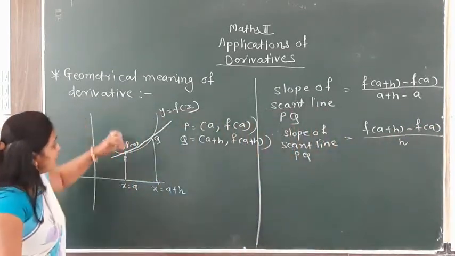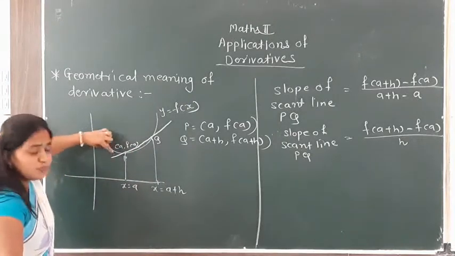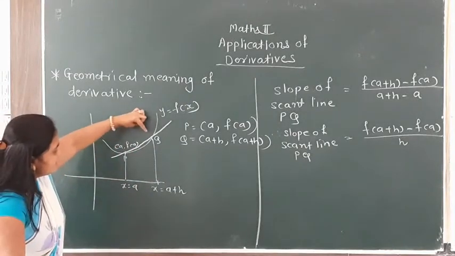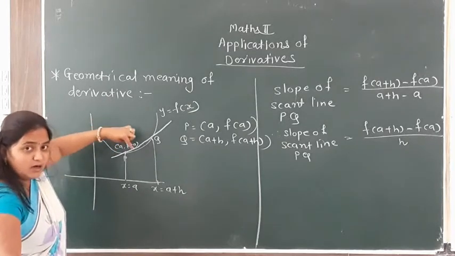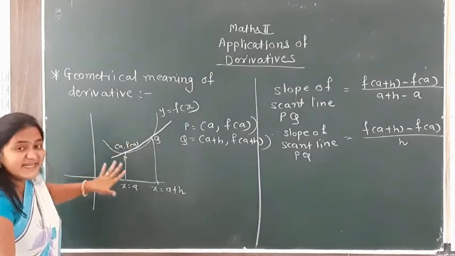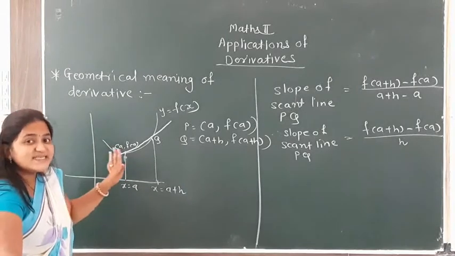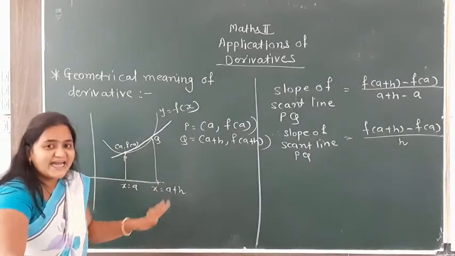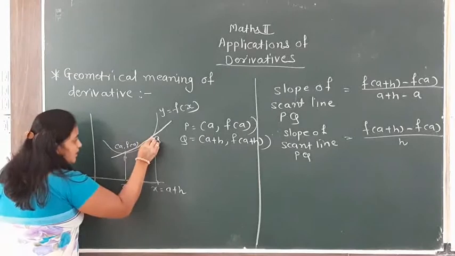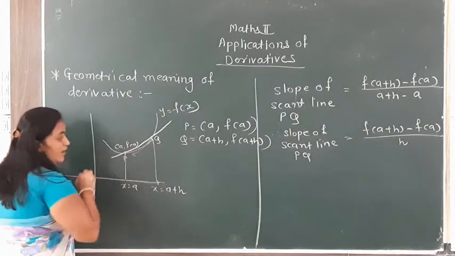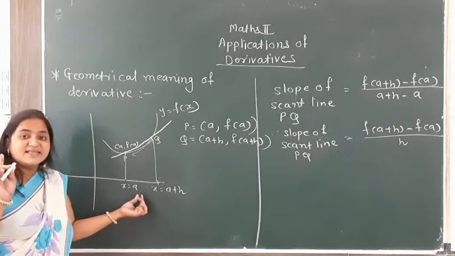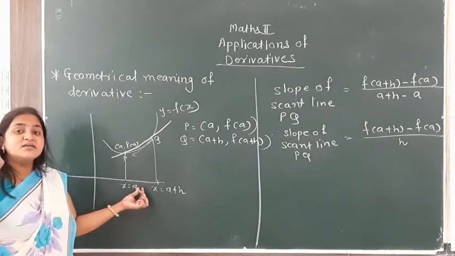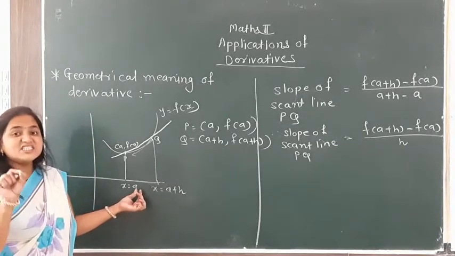Now suppose Q approaches P along the curve. The limiting position of the secant PQ is called a tangent. When Q approaches P, a plus h approaches a, that time h tends to 0.